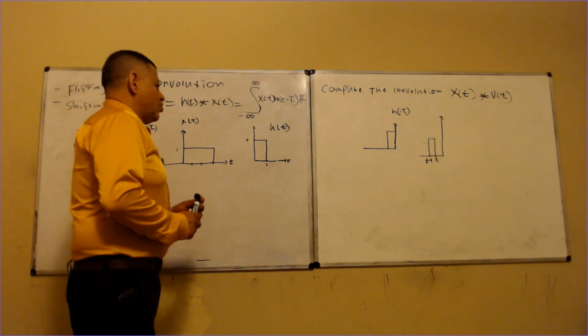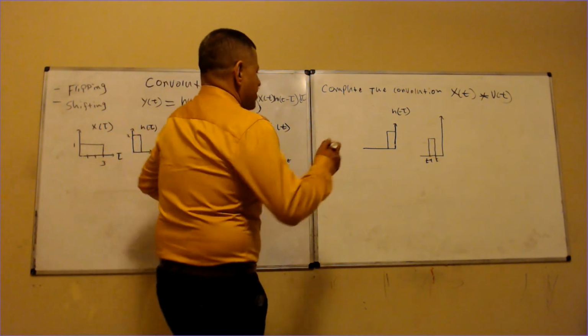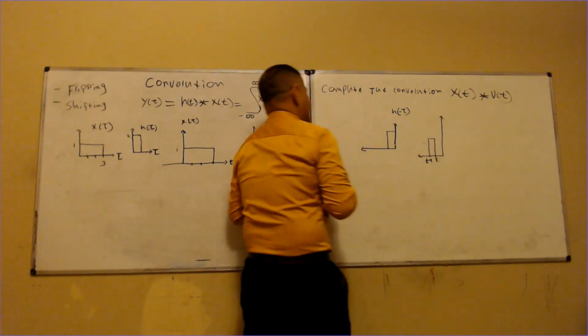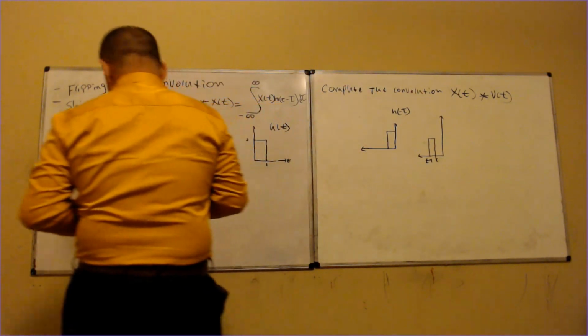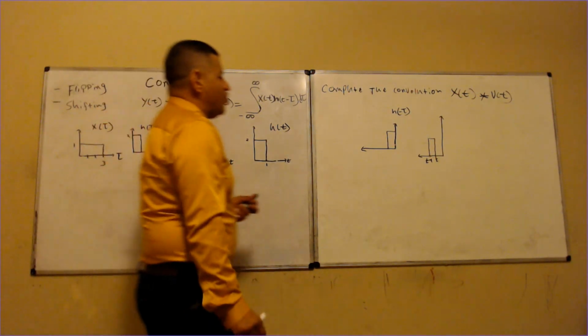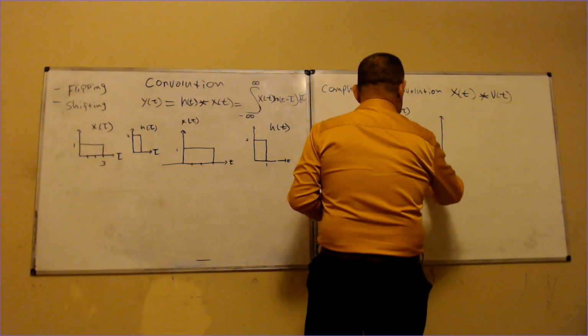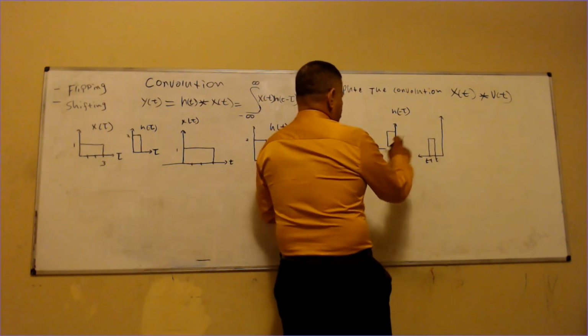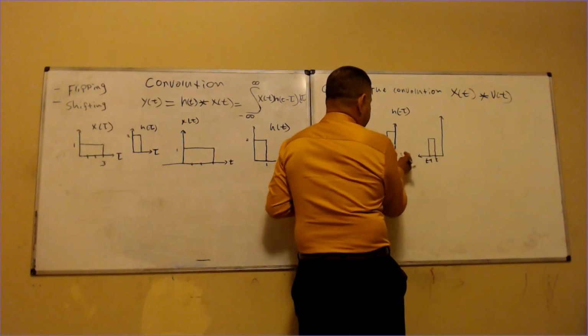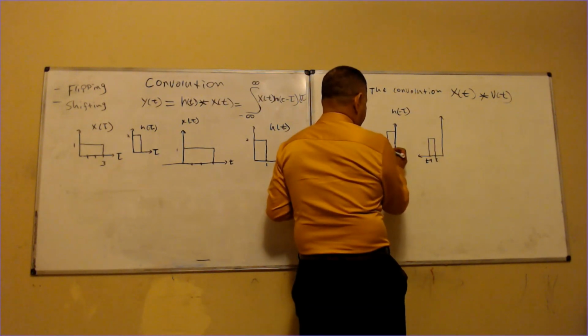Okay, now with that being said, we can actually start doing the overlapping now, right? So I'm going to overlap, I'm going to move this, right? So this is the same as this, and you know, right? So this is just shift, right?